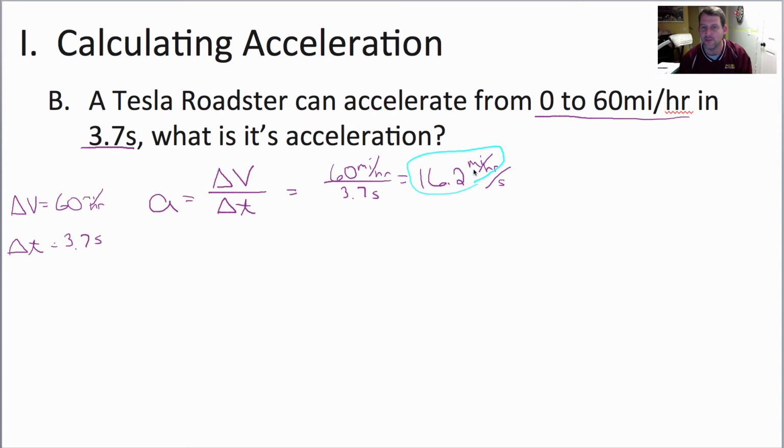So units of acceleration are distance per time per time. It's a speed, how much your velocity is changing per second. So remember, that's acceleration. And the fact that this is a positive number means that we're speeding up, not slowing down. So the two things you need for acceleration are how much your speed changed by, your change in velocity, and how long it took, the change in time.